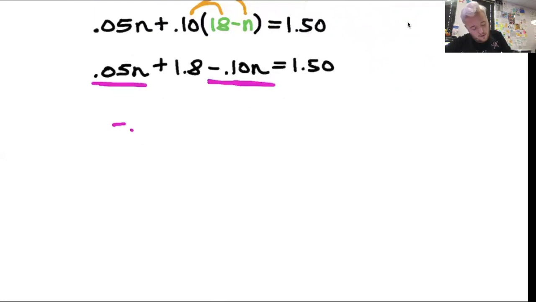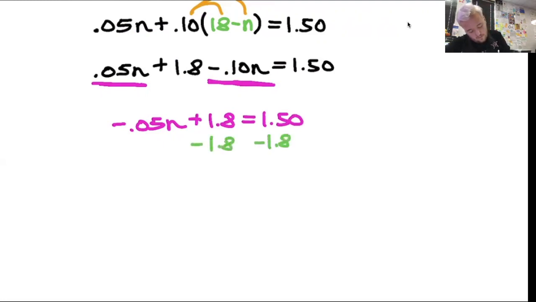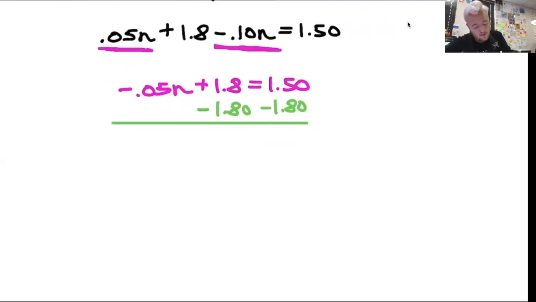It's negative 0.05 N plus 1.8 equals 1.50. Now I'm going to subtract 1.8, or 180, if that helps. So I'm going to have negative 0.05 N equals negative 30 cents. Now I want to divide by negative 0.05.